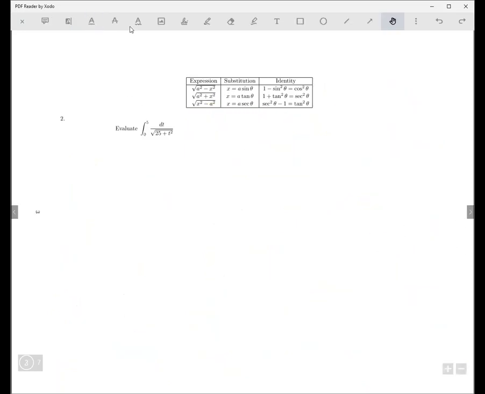Okay, let's look at number two. Here we have another one. So again, you basically look and see what you have here. So this is the square root of 25 plus t squared. So a is going to be 5 in this case. And that gives us a squared plus t squared.